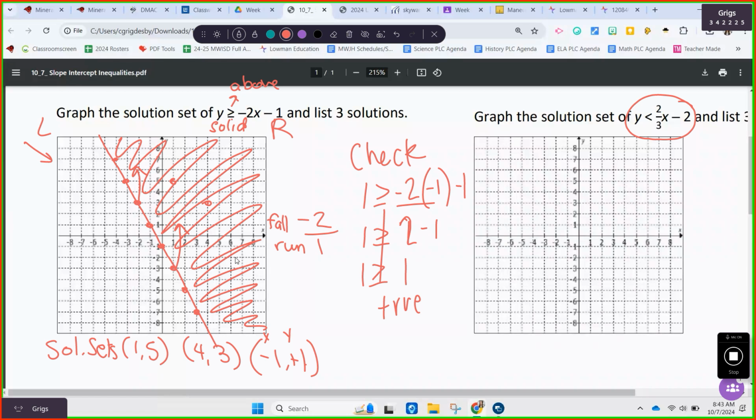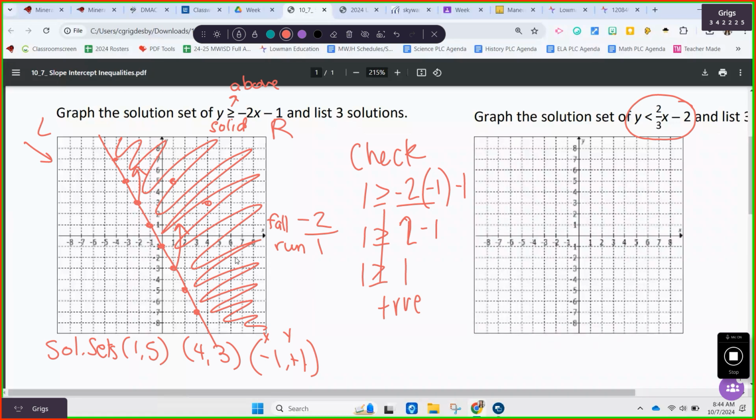Rise over run, 2. But we're starting off negative 2. It's negative 2 times 6.